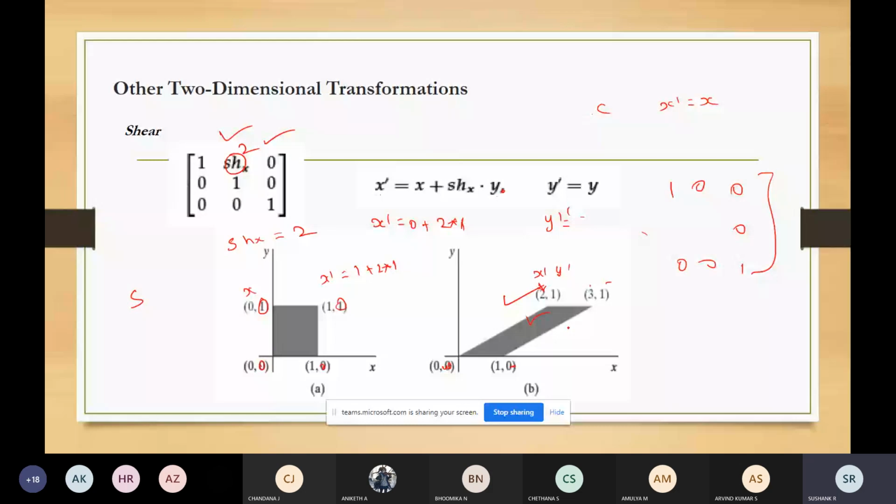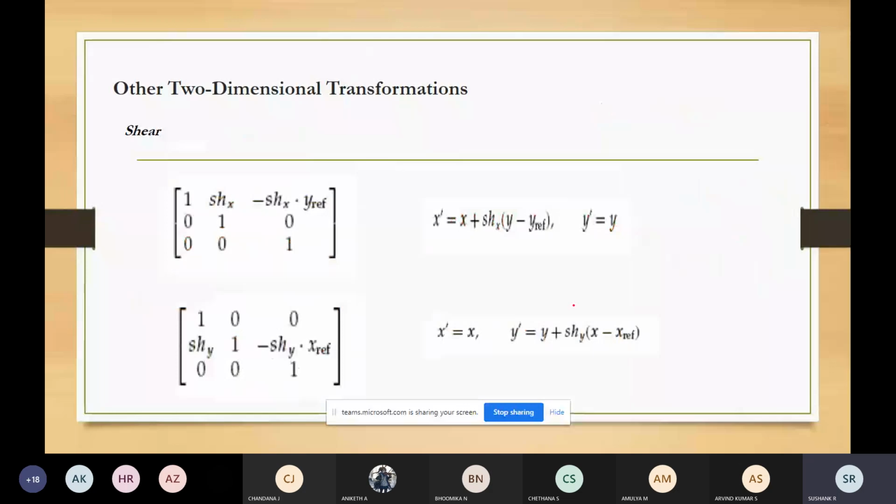The same way, you can generate the x direction shear relative to the reference line given by this formula, and this is the transformation matrix.